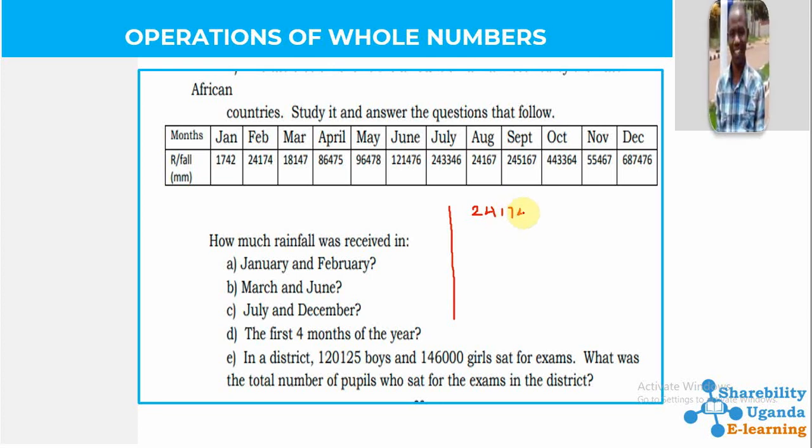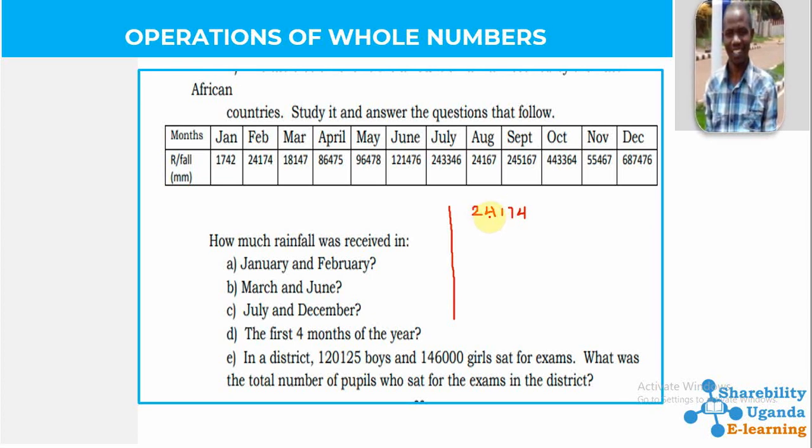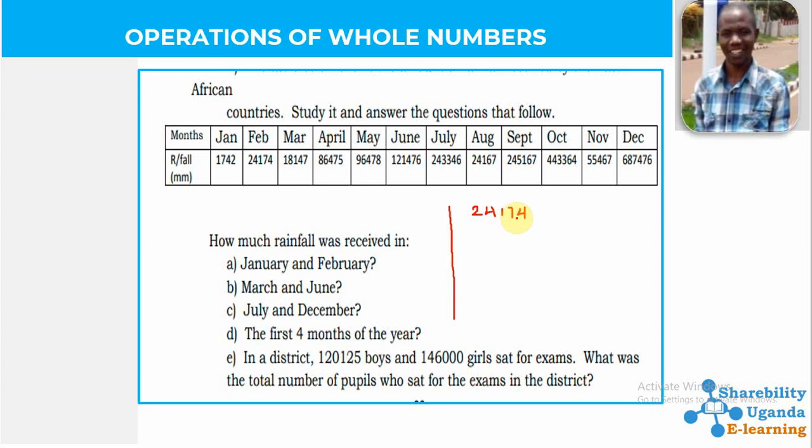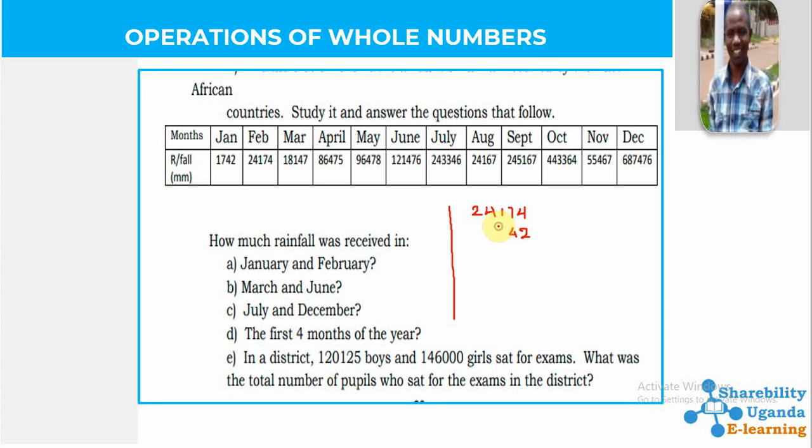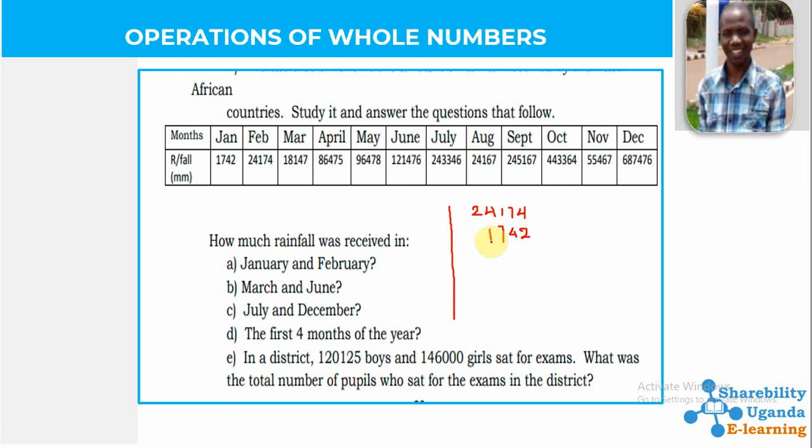This is 24,100 and 74. Then we are going to add our 1,742. So we write our 2 here. We also write our 4 here. Then we also write our 7. Then we also write our 1.